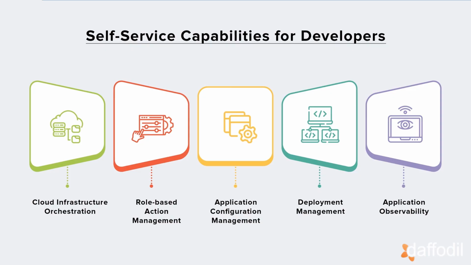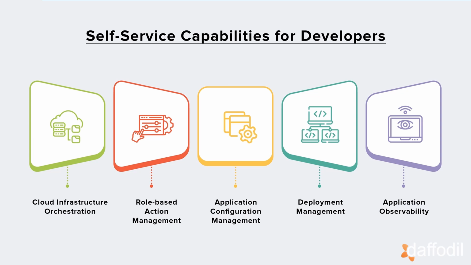The IDP as an abstraction layer allows developers to self-serve the resources they need to build, test, deploy, and monitor applications with minimal friction. IDPs are designed to maximize software delivery throughput. The goal of an IDP is to enable developers to focus on writing code and delivering high-quality applications without having to worry about the underlying infrastructure setup and maintenance.